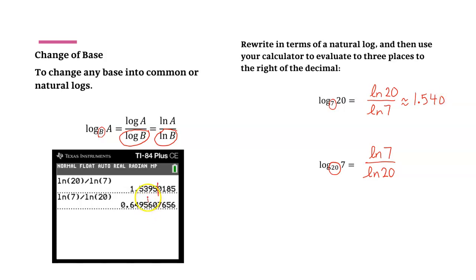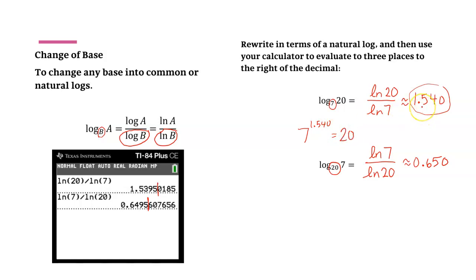And then here, same thing. The last number is a 5. So this would round to 0.650. It makes sense that this number is bigger than 1 because we're saying 7 to the 1.540 is 20.